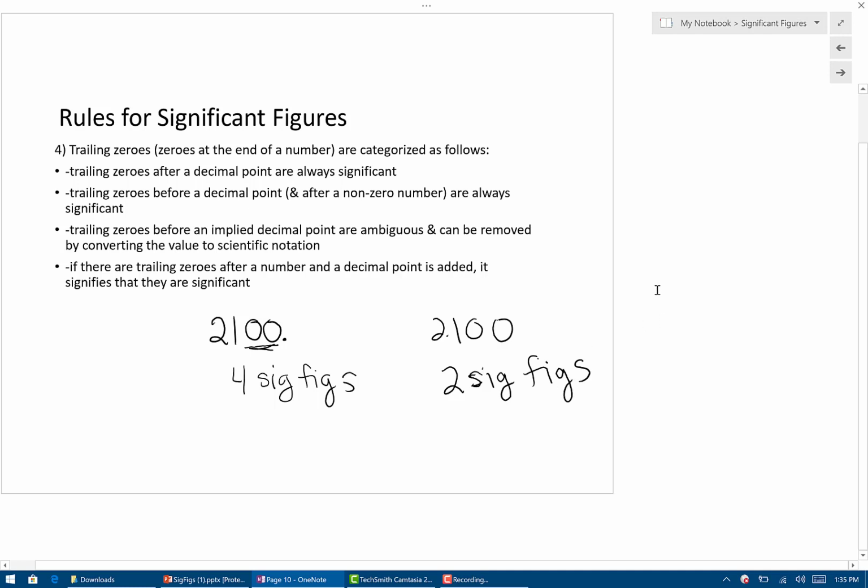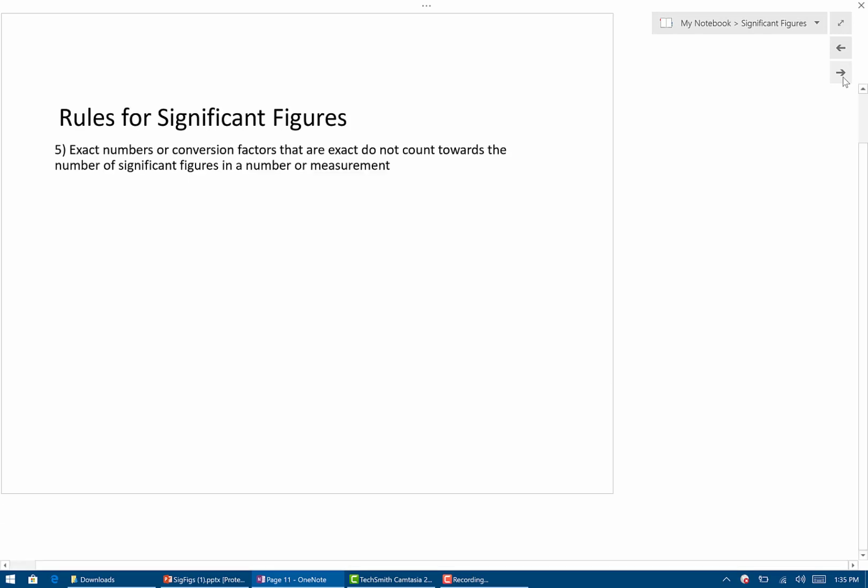All right. And our last rule when it comes to identifying significant figures is that any exact number or conversion factor that is exact doesn't count towards the number of sig figs when we're figuring out how many sig figs we have, like in adding, multiplying, dividing, or subtraction. So we don't take them into consideration.